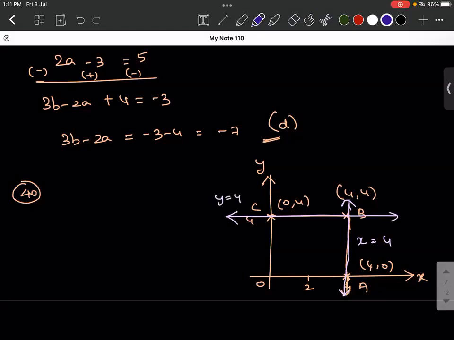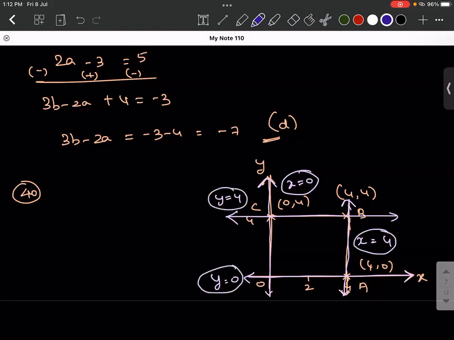If I take this as a line, x-axis, what is the equation of the x-axis? Very good. If I take this as the fourth line, what are the 4 equations? X equal to 0, x equal to 4, y is equal to 0, y is equal to 4. Whichever has that option, that is the answer.